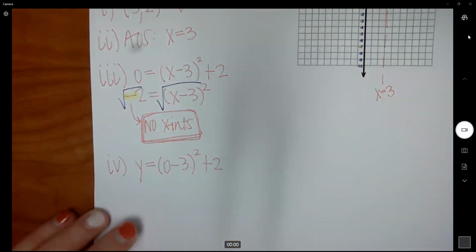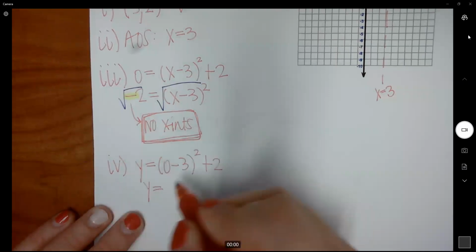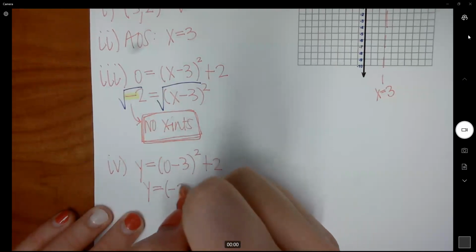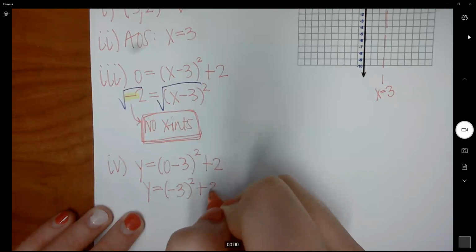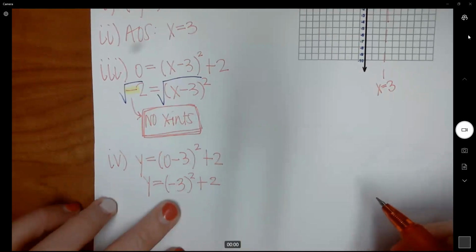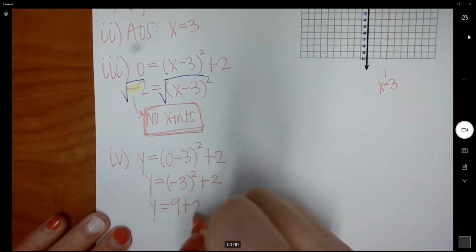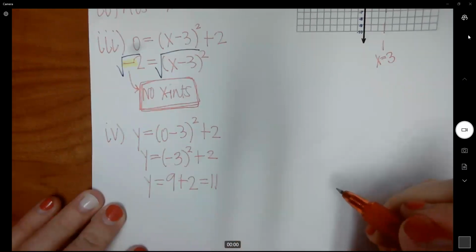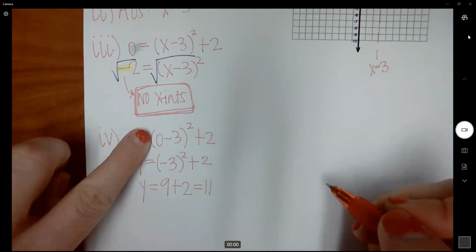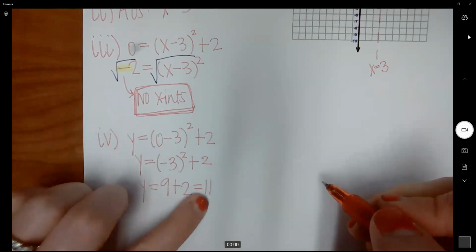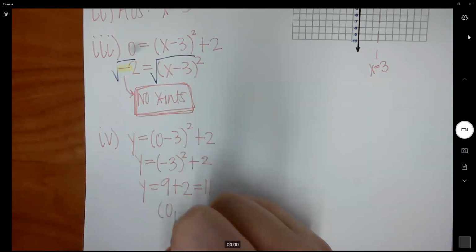So solve for y. 0 minus 3 is -3. -3 squared is 9. Plus 2 is 11. So as an ordered pair, we have 0 for x, 11 for y, (0, 11).